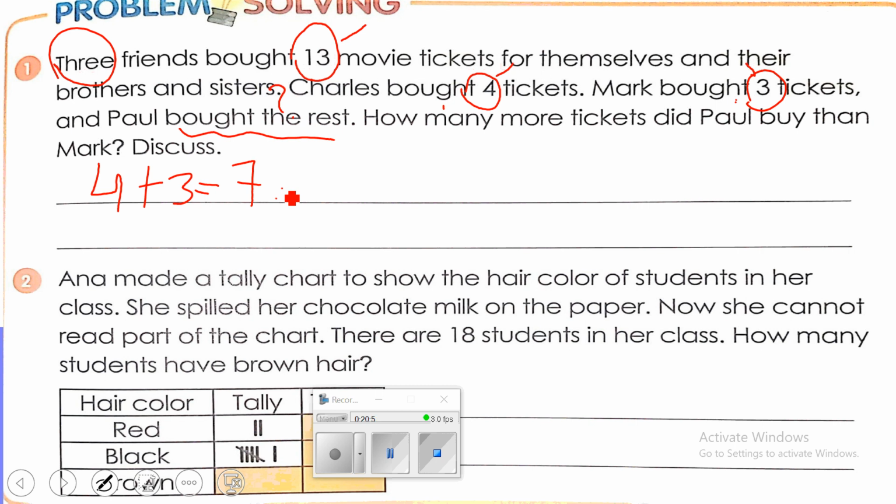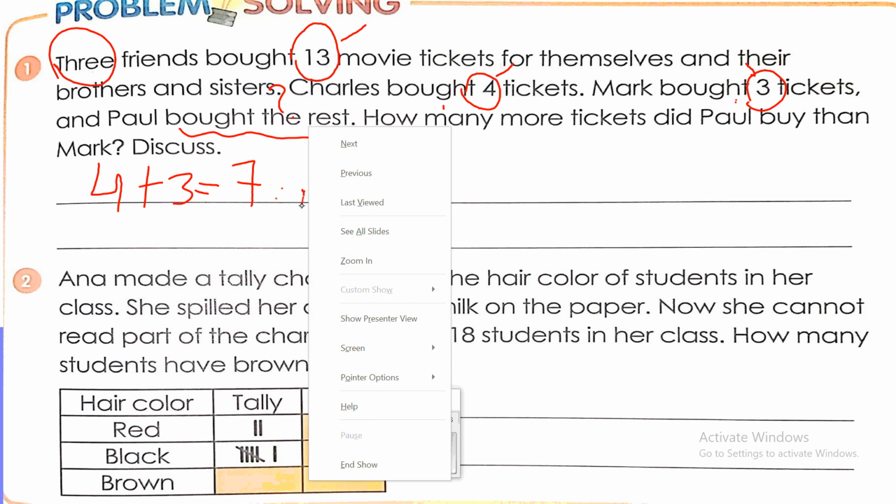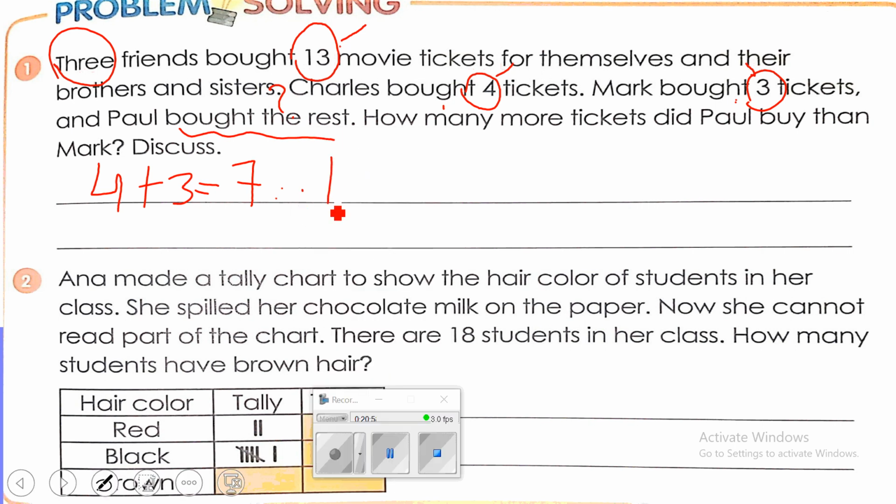I want to find Paul's. So how do I find Paul's? I bring the total, which is 13, minus the total of Charles and Mark together, which is 7. Let's find the answer. 7 in my mind and count forward. What after 7? Yes, 8, 9, 10, 11, 12, 13. I stop on 13 with the 6th finger. It will be 6 tickets for who?